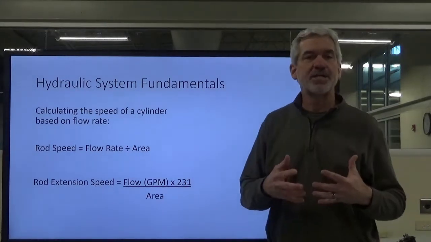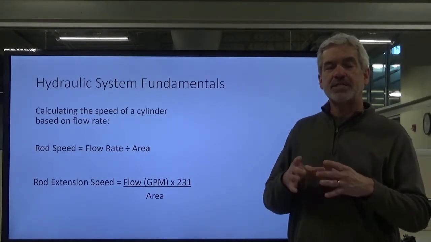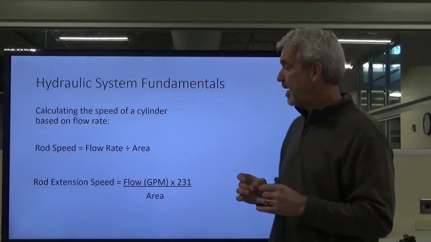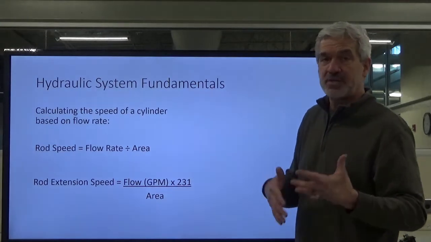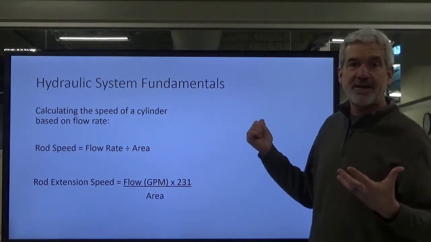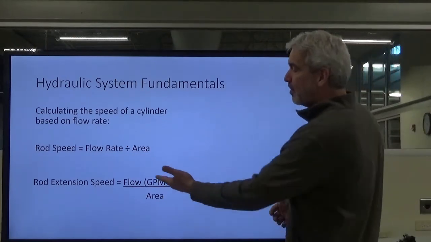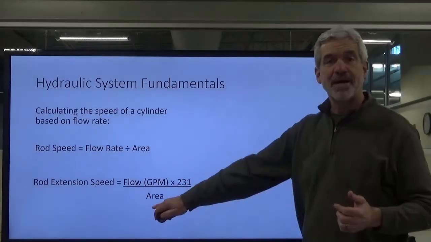The magic behind 231 is that that is the displacement of 1 gallon of water, okay? 231 cubic inches, okay? So we multiply whatever our pump flow is. I think I showed you one at 5 gallons per minute. It can be 1 gallon per minute, whatever that flow rate is. We multiply it by 231, and then we divide it by our area.